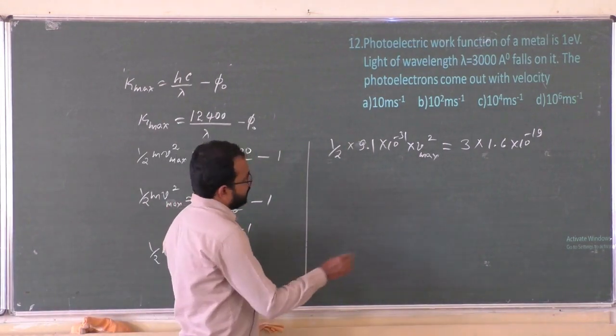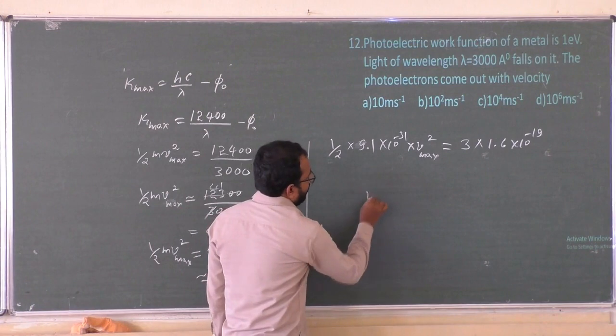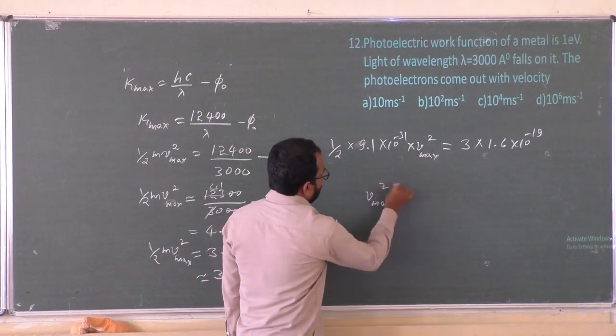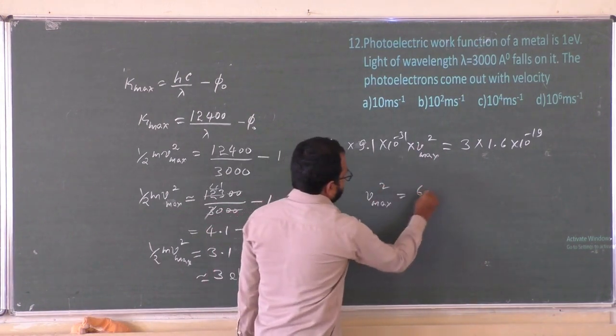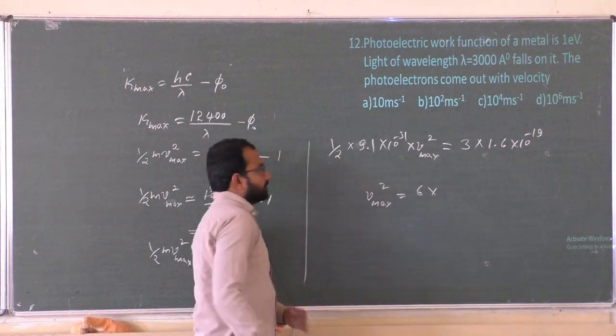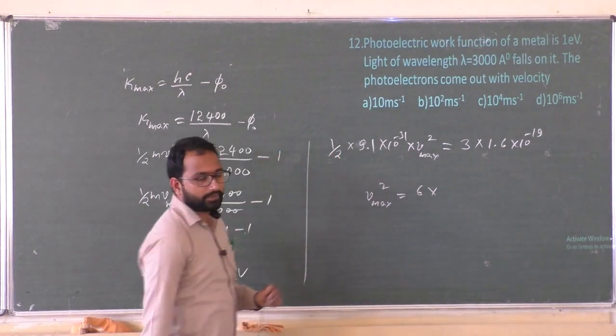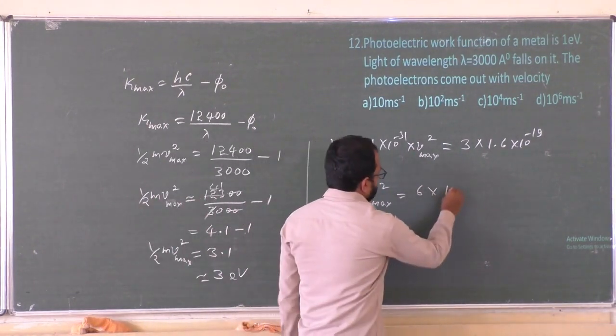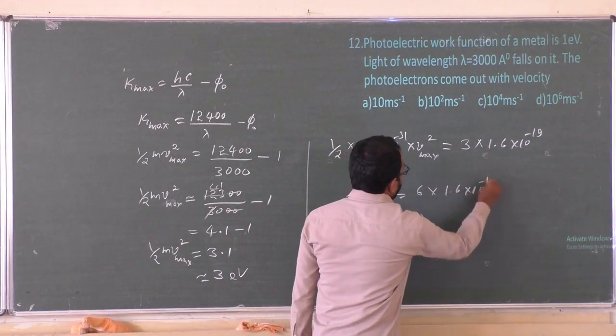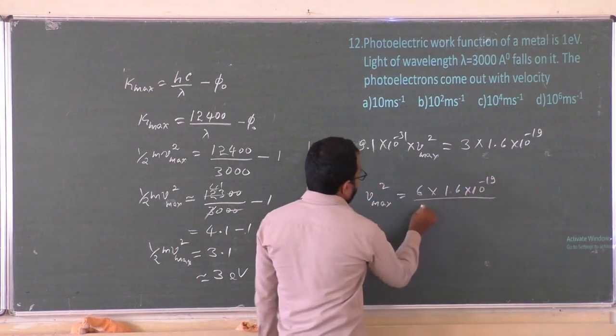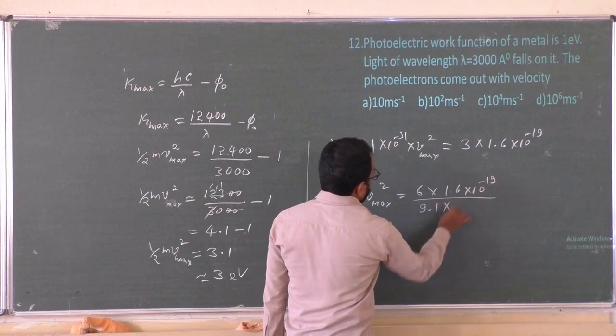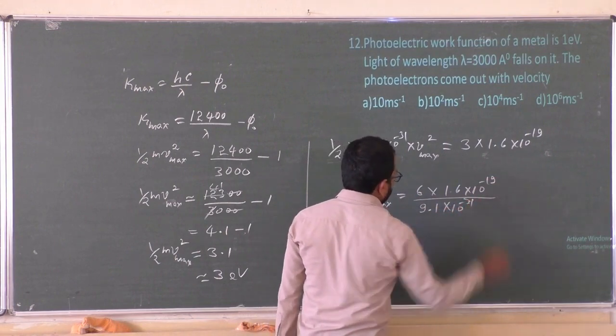So now therefore V maximum square is equal to 6 into 1.6 into 10 to the power of minus 19 divided by 9.1 into 10 to the power of minus 31.